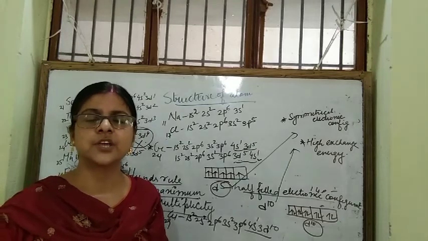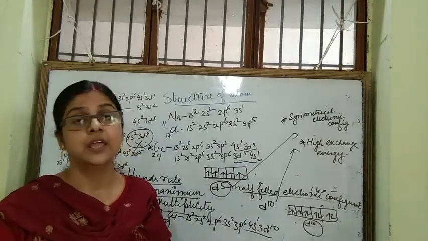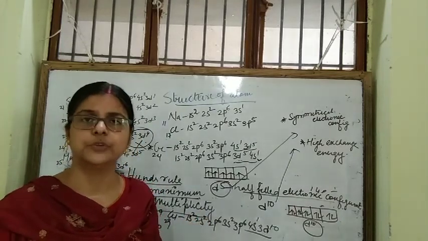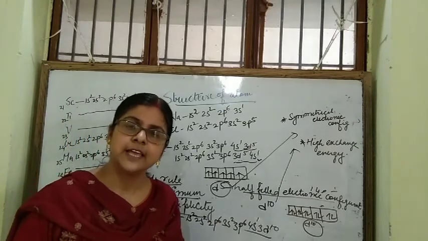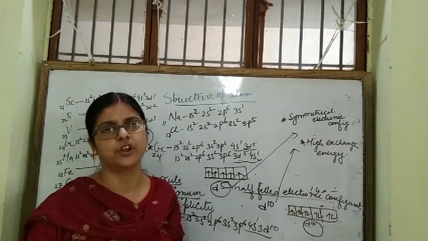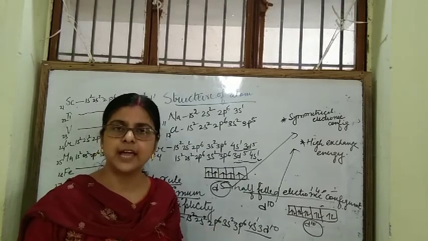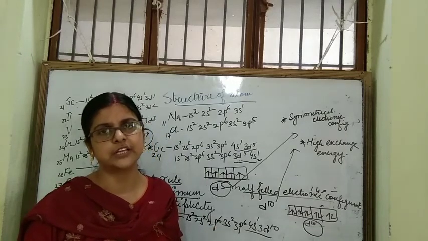Apart from that, where are we confused? In copper and chromium. Why? Because they have exceptional electronic configurations. Why?